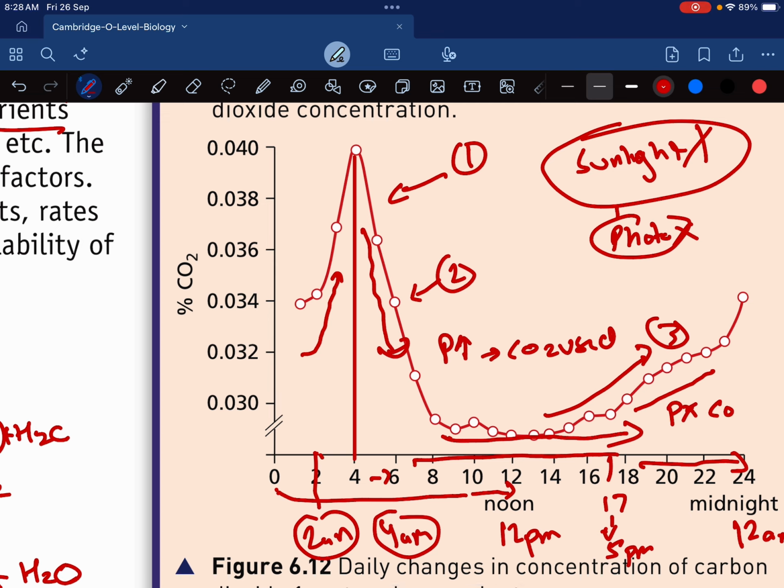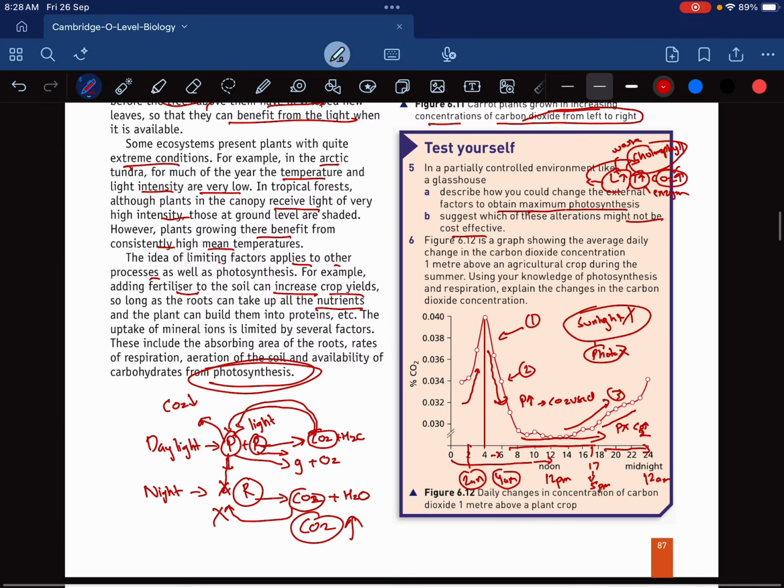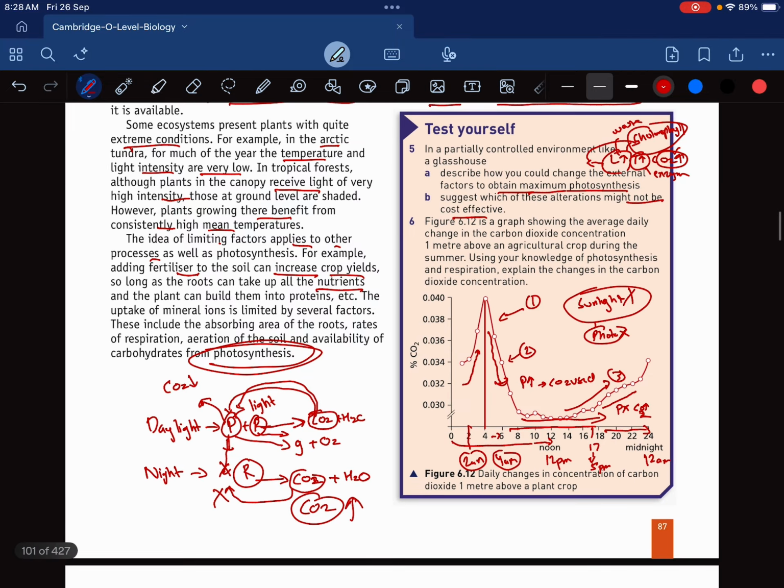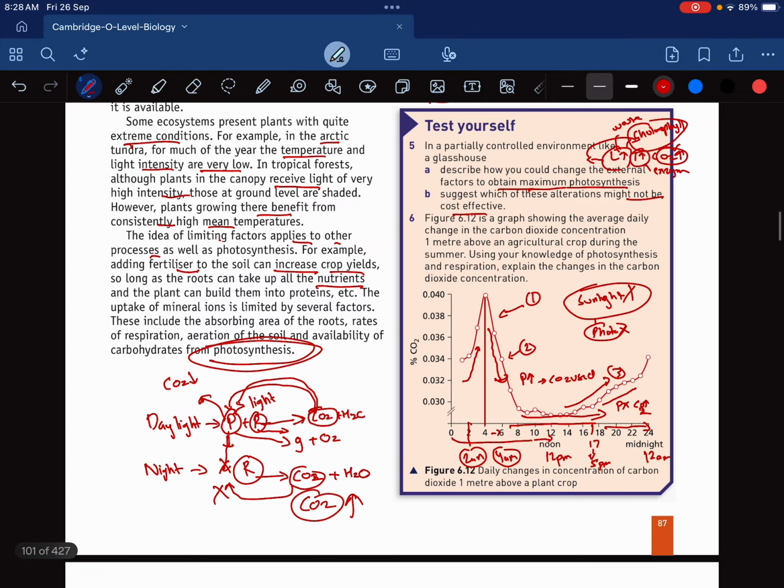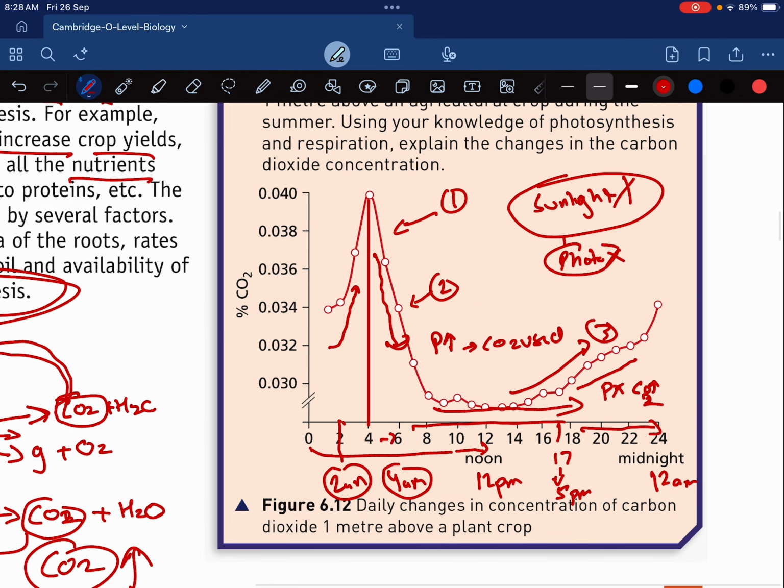Hence carbon dioxide concentration rises. Understood? That's why carbon dioxide concentration rises. Alright, I hope that all makes sense कि why carbon dioxide plays such a crucial role, and how sunlight plays such a crucial role in the atmospheric concentration of carbon dioxide. I hope that all makes sense.